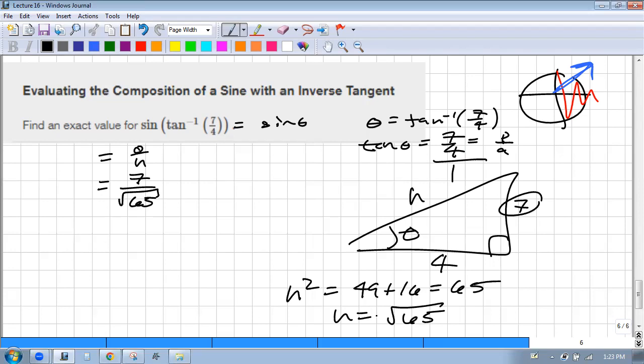And we know we want the positive one because, again, sine is positive in that quadrant. And we know the angle's in that quadrant because tangent of the angle is positive, and it had to be on the right side of the circle. So those two pieces of information helped us resolve whether it's positive or negative.